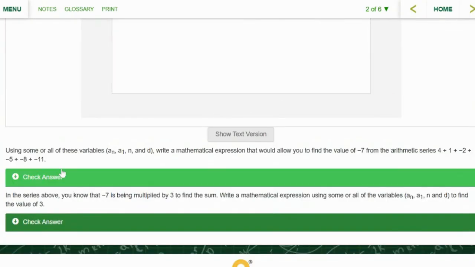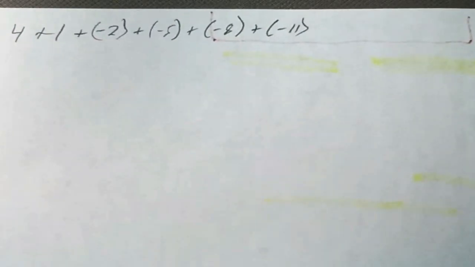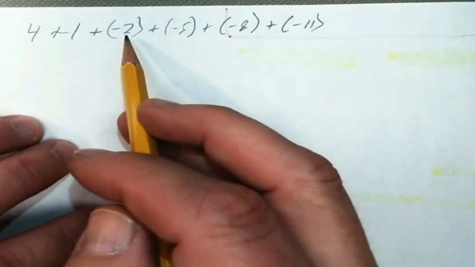So using some or all of these variables, we want to write a mathematical expression that would allow you to find the value of -7 using this sequence they did above. All right, I'm going to write down what they did because we're going to build this formula using those numbers. Okay, so this was that sequence of numbers they had, the series of numbers, 4 plus 1 plus -2 plus -5.